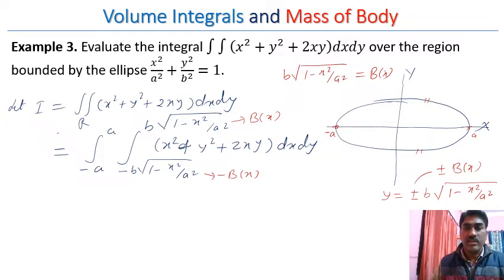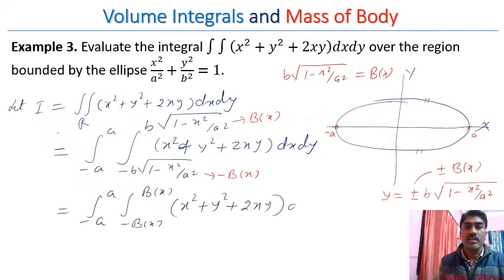So we get the integral from minus a to a, the integral from minus Bx to Bx of x square plus y square plus 2xy dx dy.